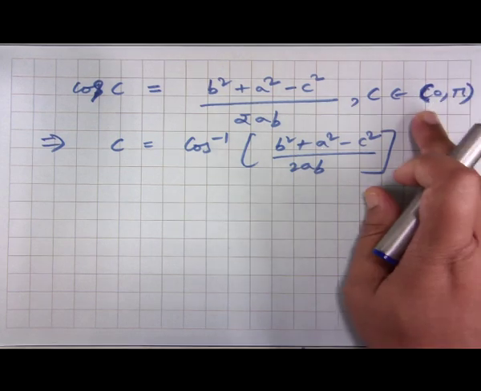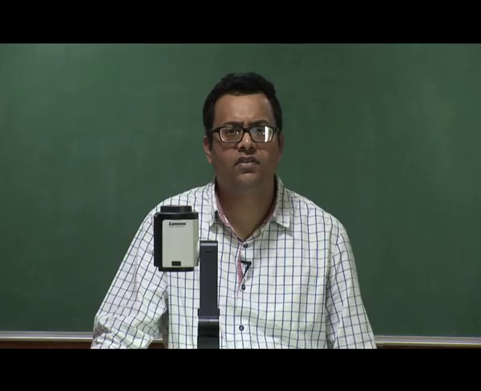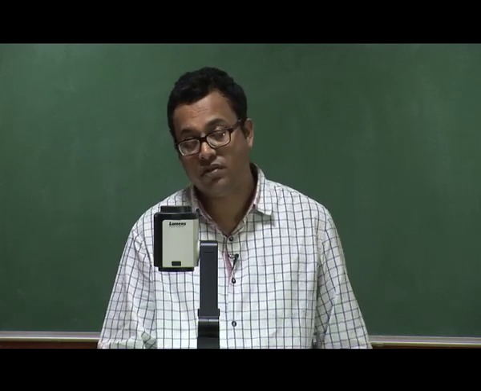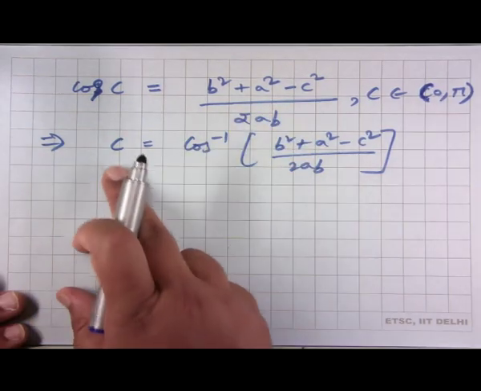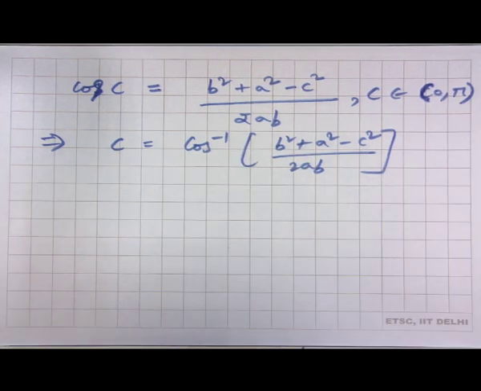And since this set 0 to pi is actually the range set of the cos inverse function, it therefore follows that C is exactly given by cos inverse of (b square plus a square minus c square) over 2ab.